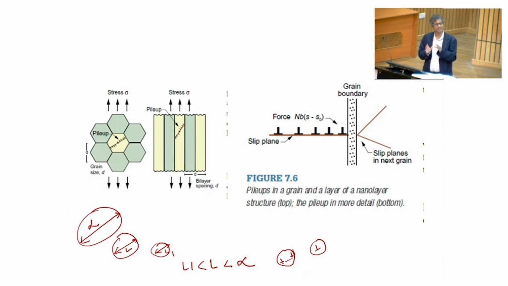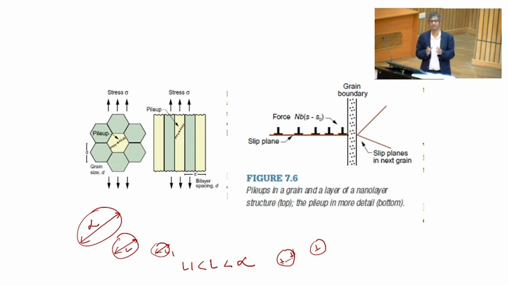Once it reaches that value of the grain size, when only 1 or 2 dislocations can be accommodated inside the grain, the Hall-Petch equation loses its meaning, because then the concept of pile up and the concept of stress acting on the grain boundary is no longer happening. That particular aspect of the strengthening because of grain boundary is no longer valid. So that's why the Hall-Petch equation breaks down below a certain grain size.